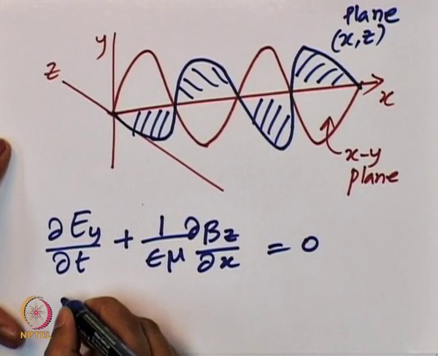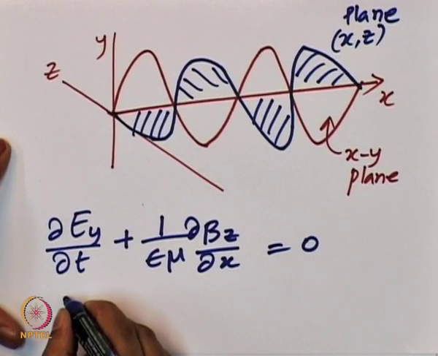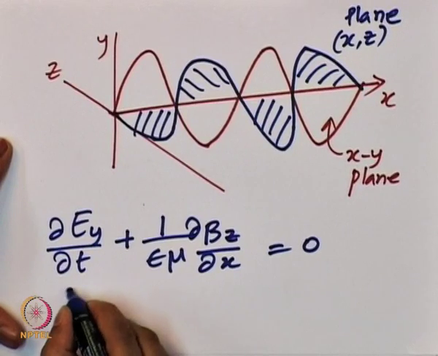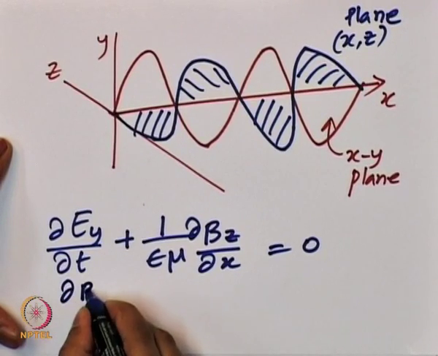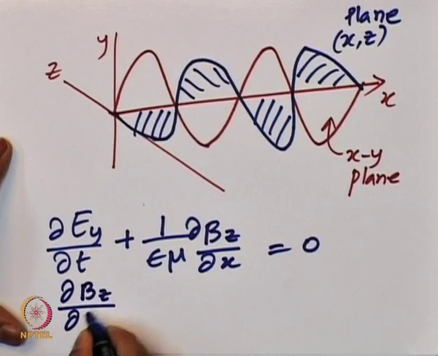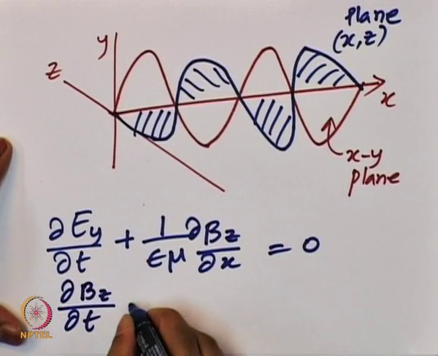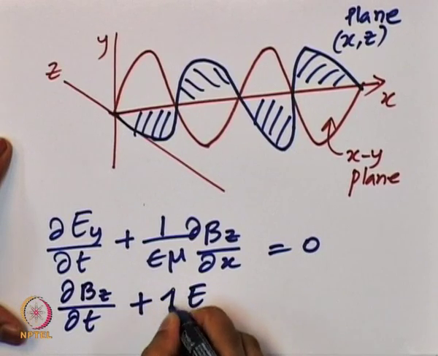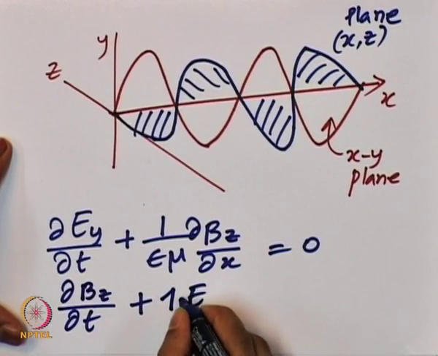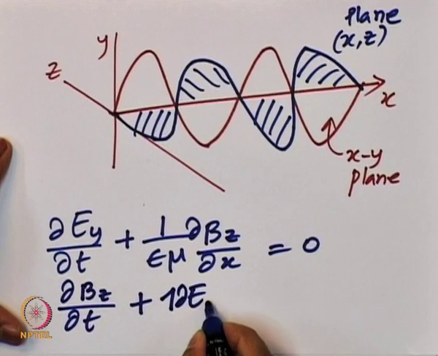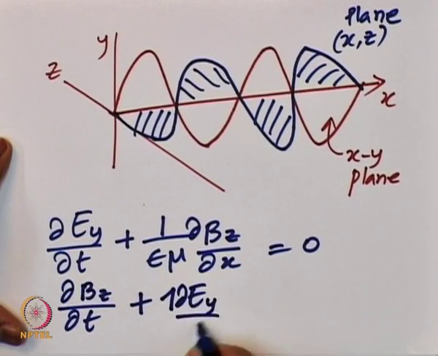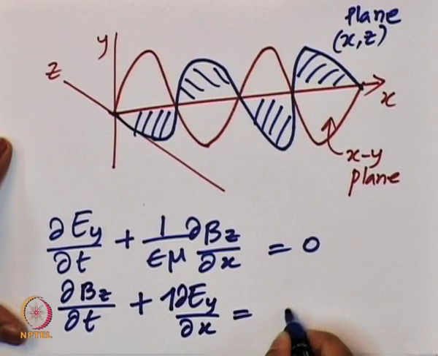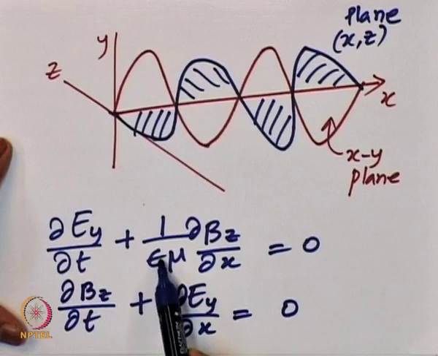The B component will have a similar partial differential equation, which is written as dBz/dt plus 1 times the partial derivative of Ey with respect to x equal to 0. So we have a coefficient equal to 1 here, but there we have a coefficient 1 by epsilon mu.